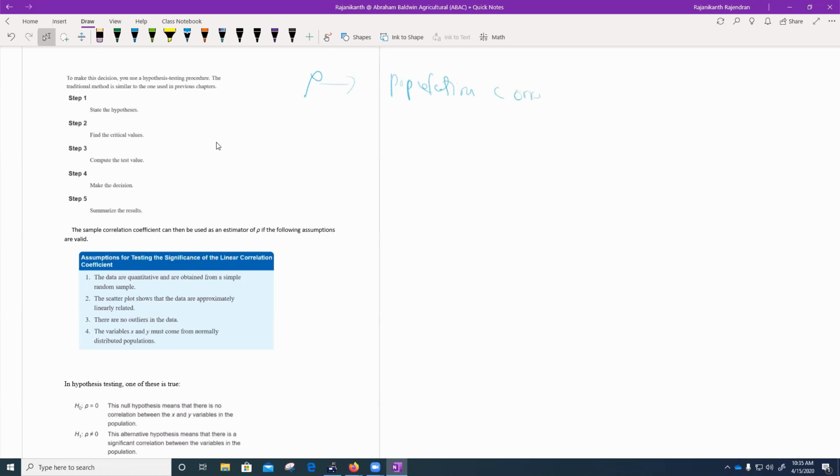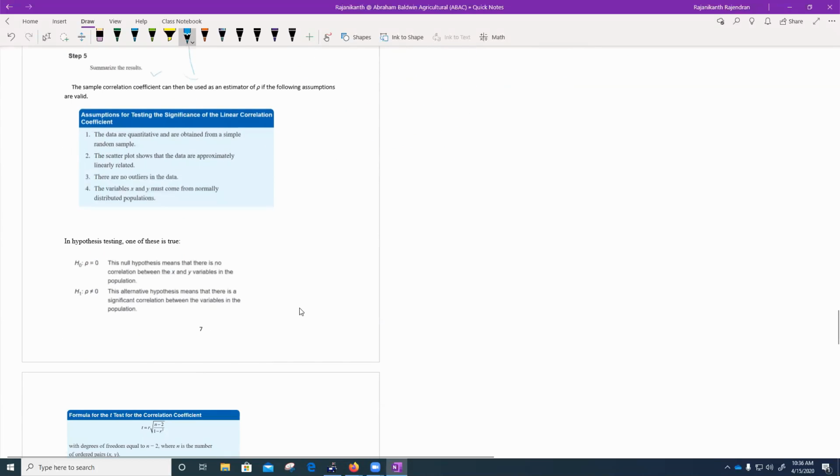So my actual task is to check this one. To check this, we are using my sample correlation, right? So I'm using this sample to check whether this has a linear relationship. So I'm setting my hypothesis here. These are the steps again. Set the hypothesis, find the critical values, compute the test value, make the decision. The same thing we follow under hypothesis testing. Okay, right.